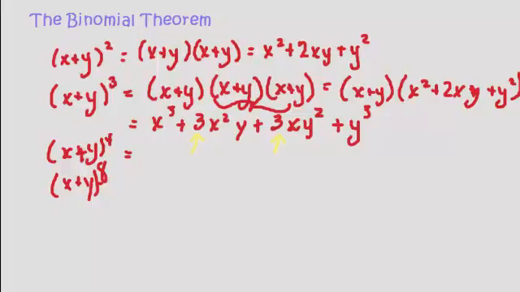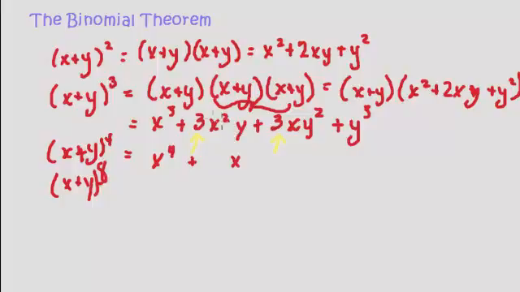So let me change back to my red pen. I'm going to look at (x + y) to the 4th, and I'm going to go ahead and tell you what it is. Let's look at the patterns of our exponents first. Every time I'm going to have x to the 4th plus some number there, and I don't really know what it is, so I'm going to leave a space.